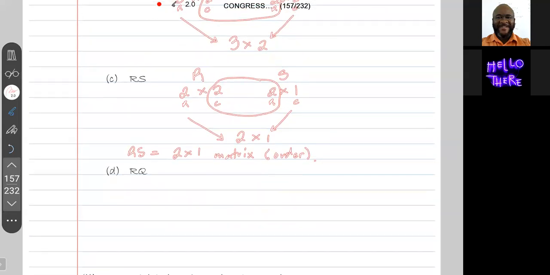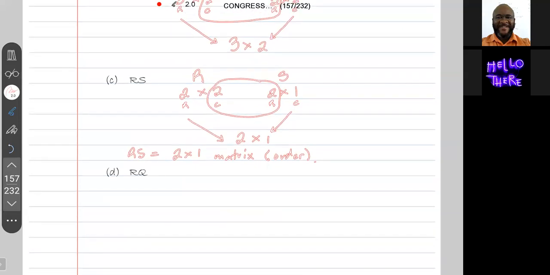Lastly, let's do the same now for RQ. RQ, there's a Q, yes, there's a Q. R is a 2 by 2 matrix, 2 rows, 2 columns. Q is a 2 by 3 matrix, 2 rows, 3 columns. Two matrices are compatible for multiplication when the number of columns in the first matrix is equal to the number of rows in the second matrix.